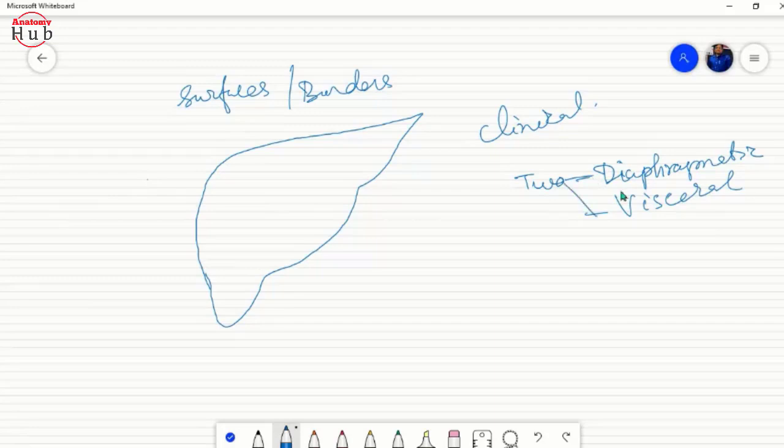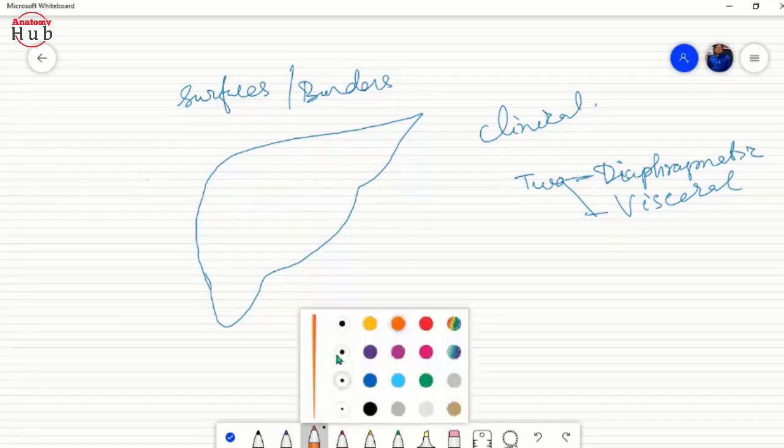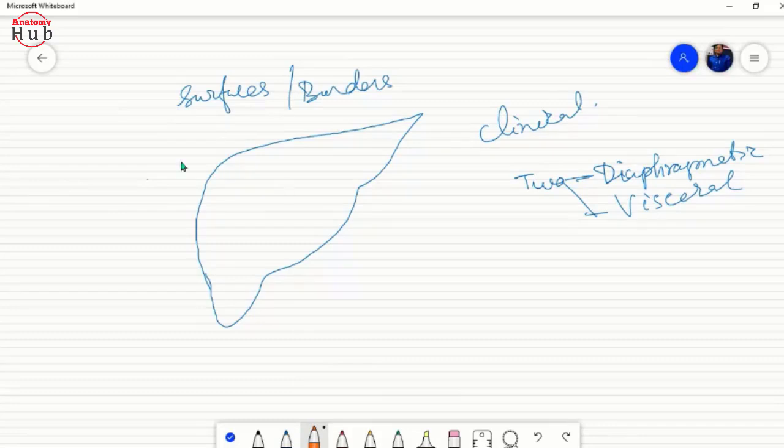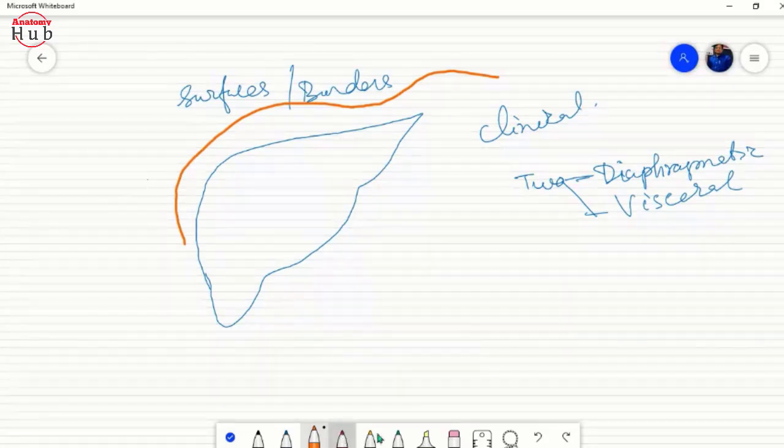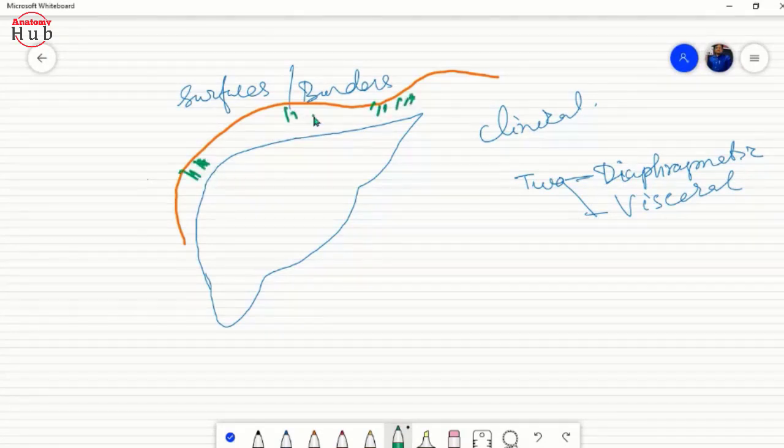So the diaphragmatic surface means whatever is related to the diaphragm, right? As you know, just above this liver is your diaphragm, right? And at this diaphragm you will find so many ligaments attaching to the liver, right?